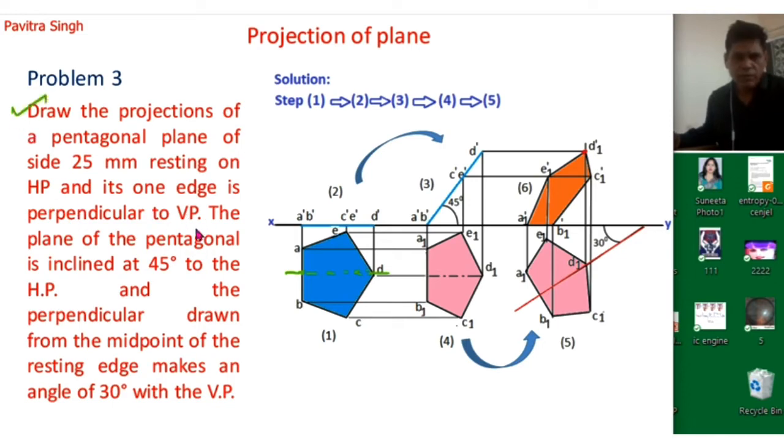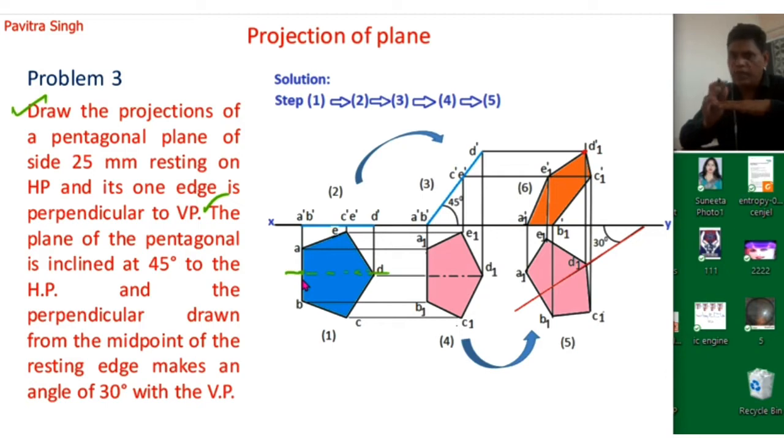So first we will solve this problem, from here to here only. As per this first condition, we can see this pentagonal prism is parallel to the horizontal plane and its one side AB is perpendicular to the vertical plane.